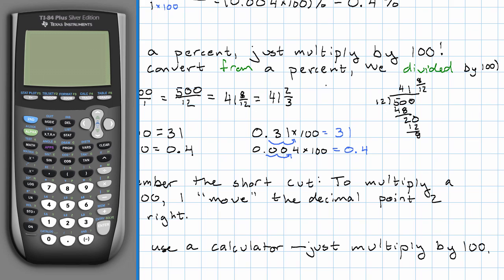So we could take 5/12 times 100, 41 and a decimal, subtract the whole number part and convert the result to a fraction to get the mixed number 41 2/3. 0.31 times 100 gives us 31. 0.004 times 100 gives us 0.4.